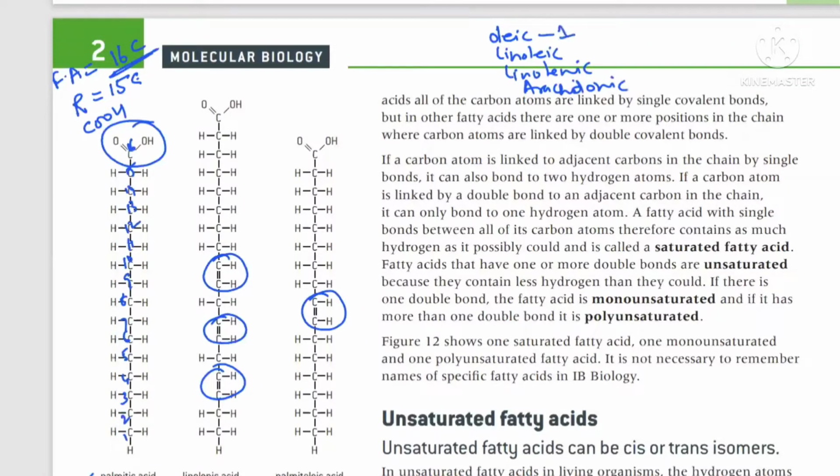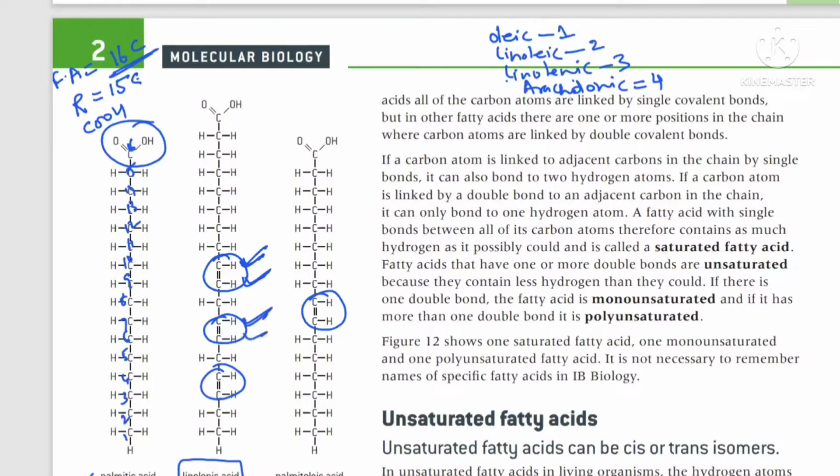Oleic has 1 double bond. From palmitic acid, you remove one hydrogen and make a double bond to get oleic. Clear, 1 double bond. Linoleic means 2 double bonds. Linolenic means 3 double bonds. And arachidonic has 4 double bonds. Understood, beta? Now, in this diagram, all the hydrogens of the double bond are present on one side.